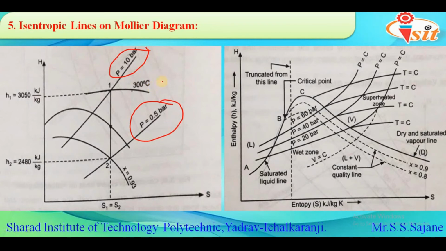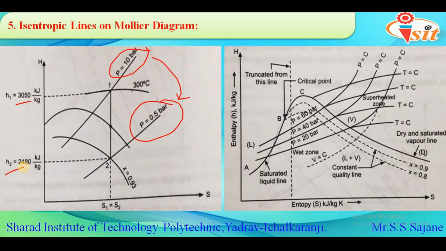If such steam is expanded to a pressure of say 0.5 bar, this expansion process is shown by the line 1 to 2, and by plotting these values we can determine the values of enthalpy at point 1 as well as at point 2. In this way, if we know the pressure and temperature values, we can easily determine the values of enthalpy by using this Mollier diagram.